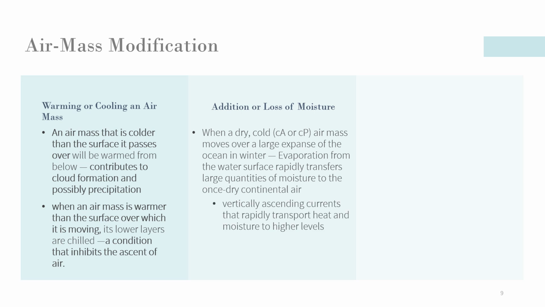And these vertically ascending currents rapidly transport heat and moisture to higher levels, which makes the stable continental air mass transform into an unstable maritime polar air mass. So these two are examples of air mass modification by warming or cooling and the addition or loss of moisture.